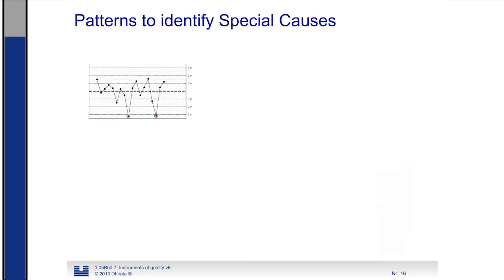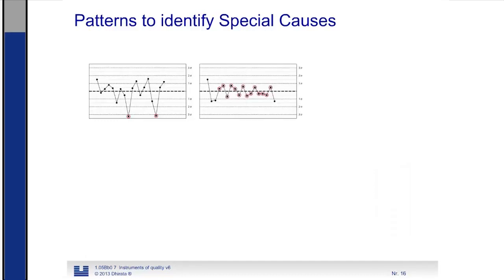The first is when in a series of about 7 measurements, 2 measurements are above the upper control limit or below the lower control limit. It is so unlikely that there is probably something wrong. We have the following pattern when more than 7 fall between one standard deviation above and below. Also, this is very unlikely.